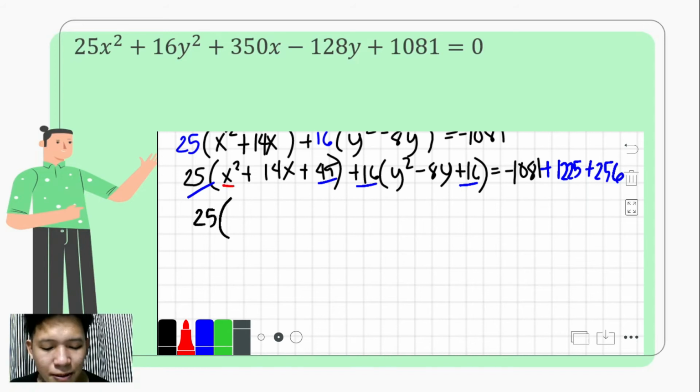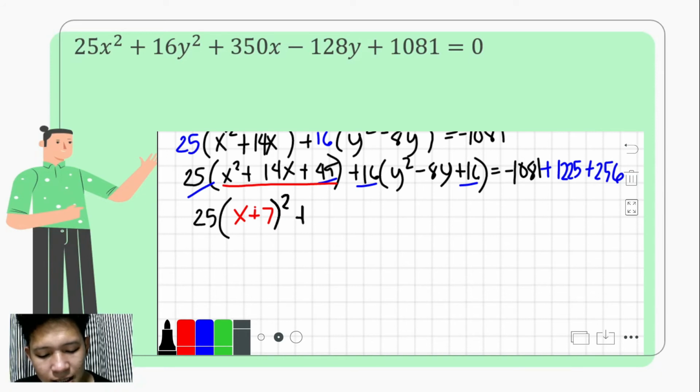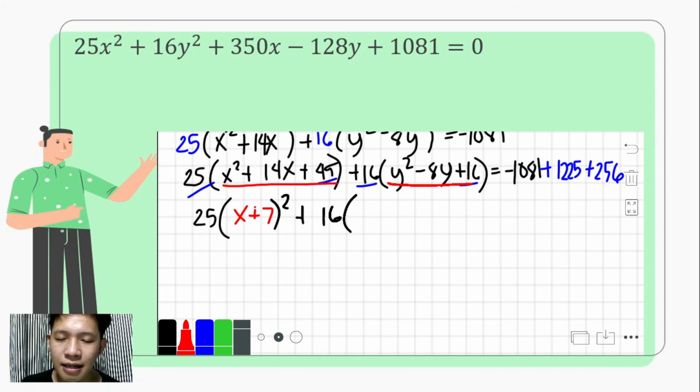So we will have 25 times. So let us express this as the square of a binomial. This is actually x plus 7 squared. So x plus 7 squared plus 16 times. So let us represent it as the square of a binomial.